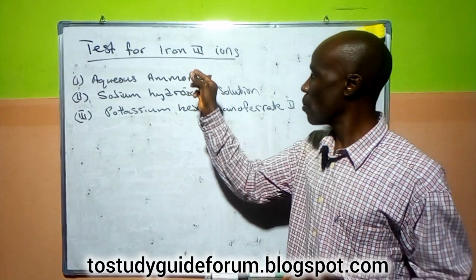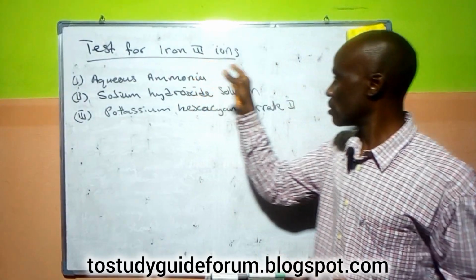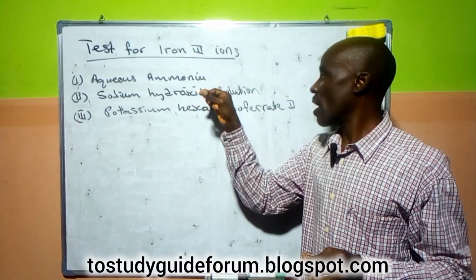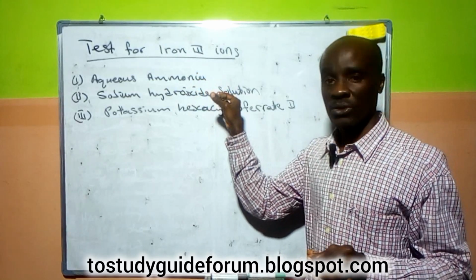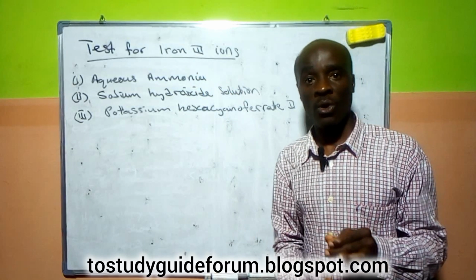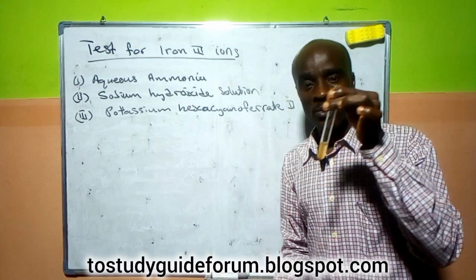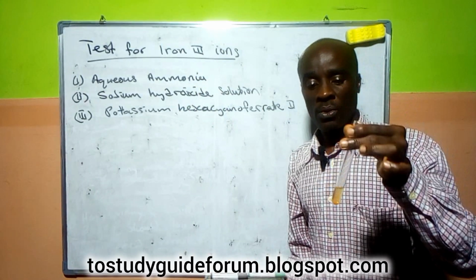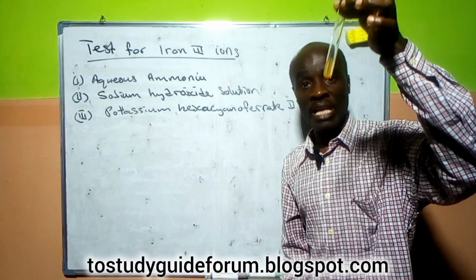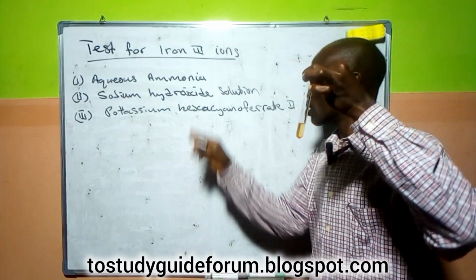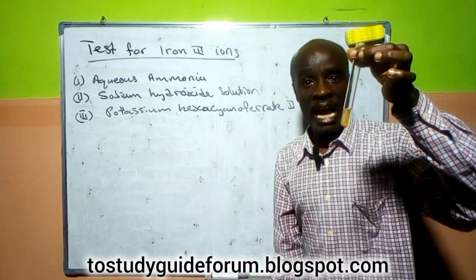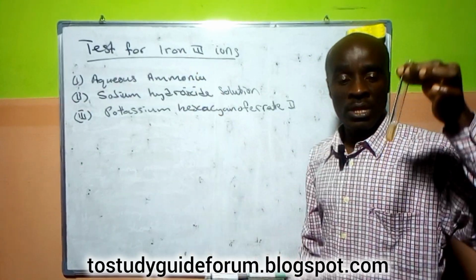Notice that they form a brown precipitate with aqueous ammonia and with sodium hydroxide solution. The two precipitates we formed in both of them were insoluble. These are ways of identifying the ion, which is iron 3 ion.